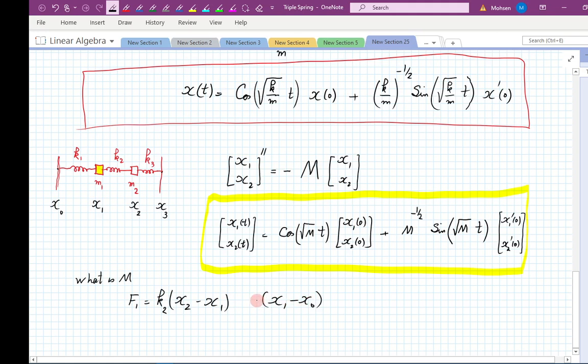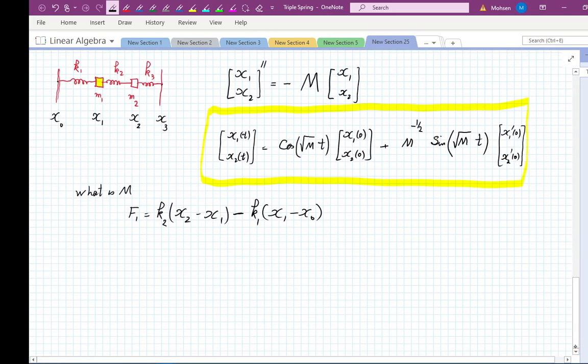The hardness constant of it is K1, and that force, if it is positive, then it is going to push this thing, so I have to subtract that force from this one. Well, I go ahead, do the same thing for F2.